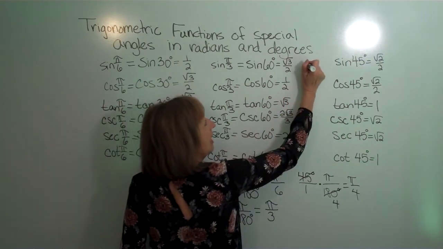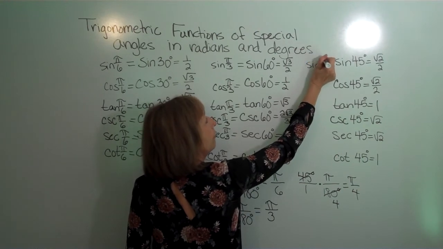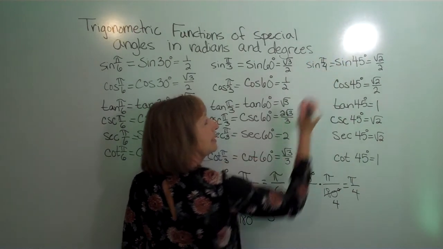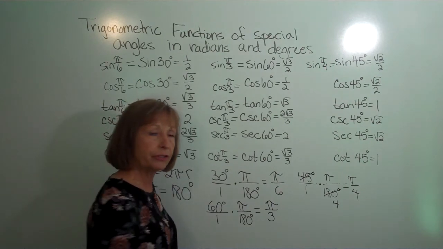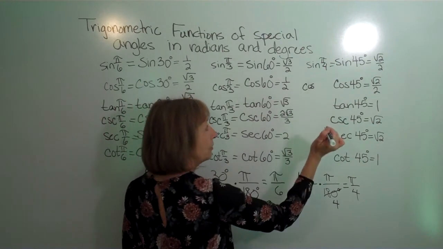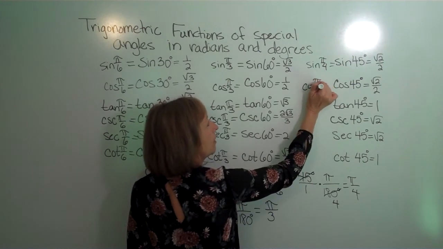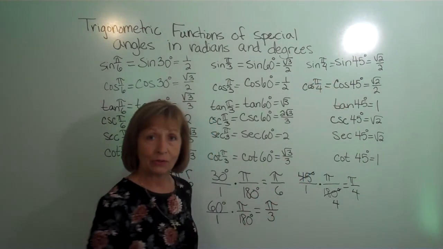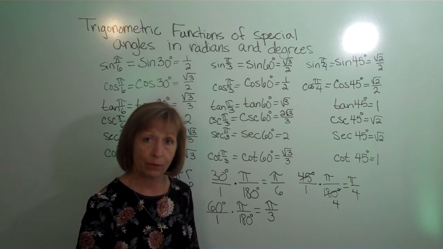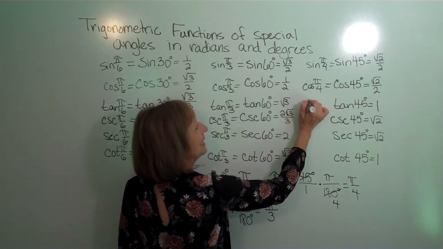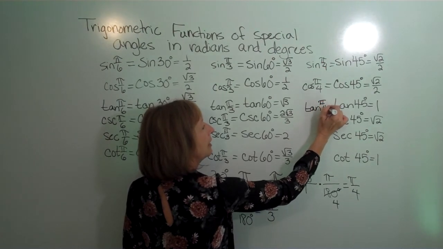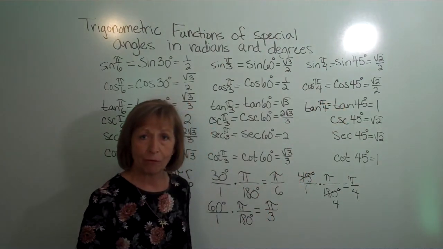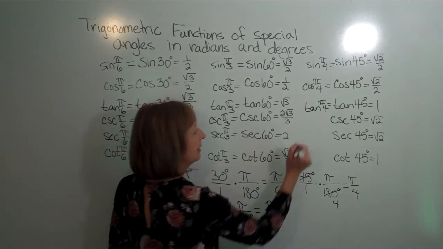So then the sine of pi over 4 is the same as the sine of 45 degrees. So that's the square root of 2 over 2. The cosine of pi over 4 is the same as the cosine of 45 degrees, so that's square root of 2 over 2. The tangent of pi over 4 is the same as the tangent of 45 degrees, which is 1.